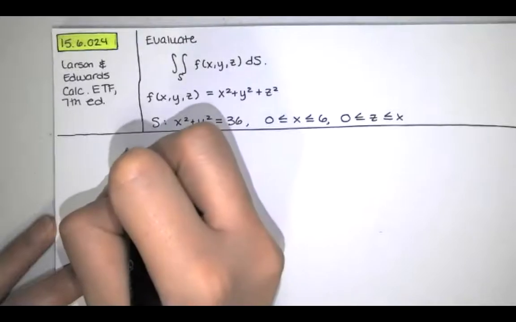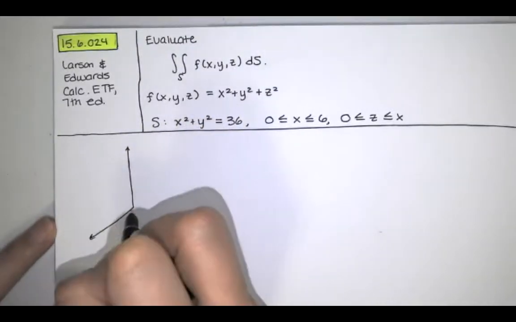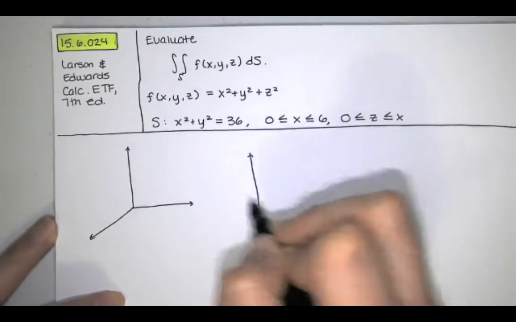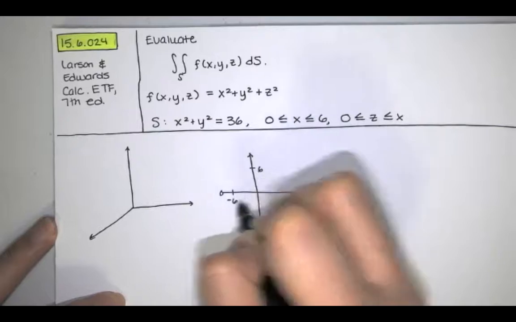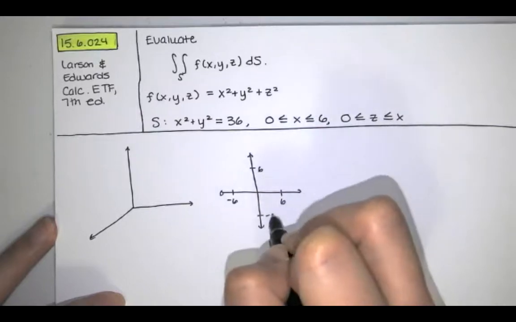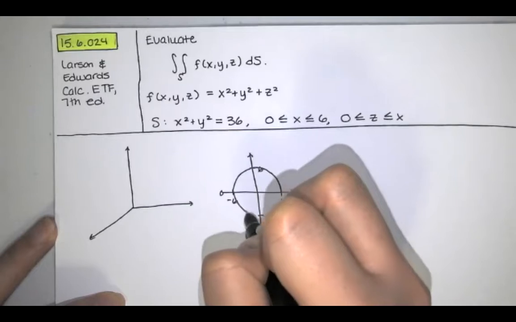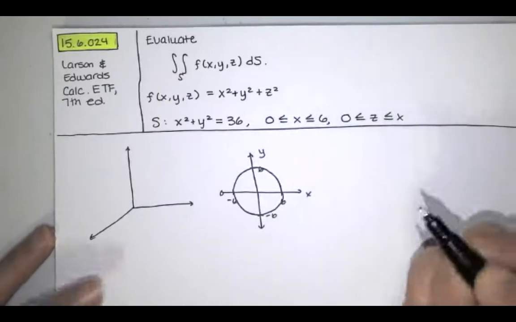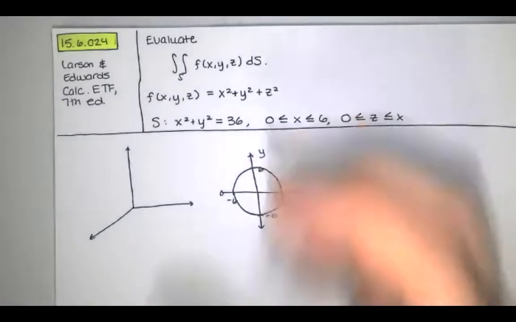This first part is telling us that we're dealing with a cylinder of radius 6 centered at the origin. And the xy plane is going to look like this. So there's my y, there's my x, and that is my cylinder approximately.